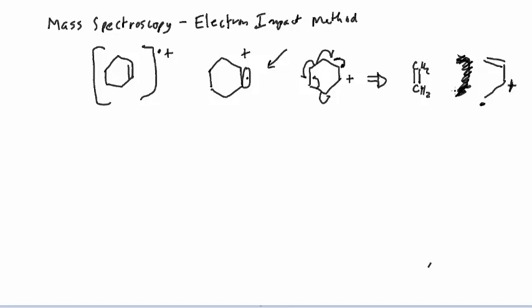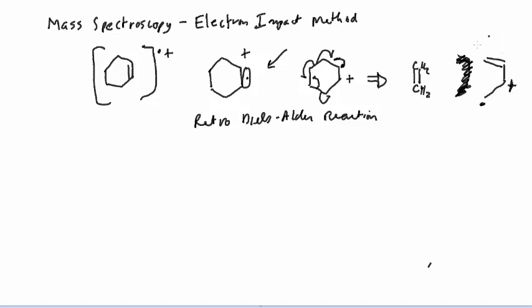So the starting radical cation fragments in this retro-Diels-Alder reaction, or fragmentation perhaps I should say, to give a neutral even-electron molecule and a smaller radical cation.